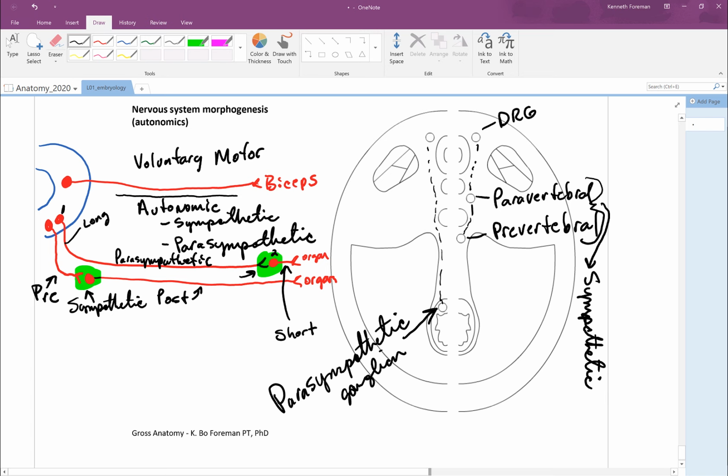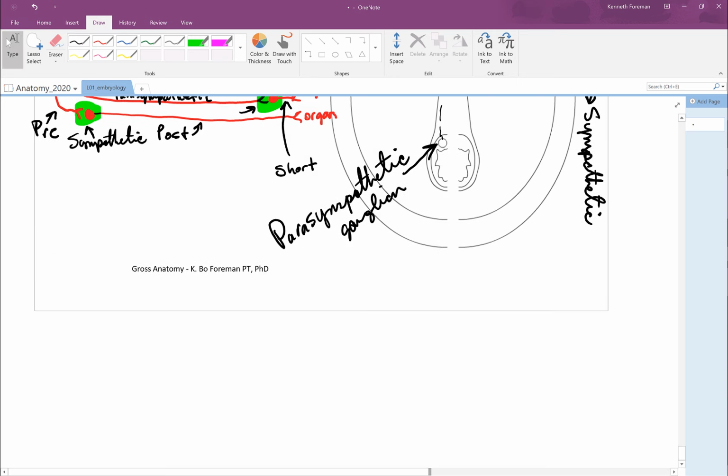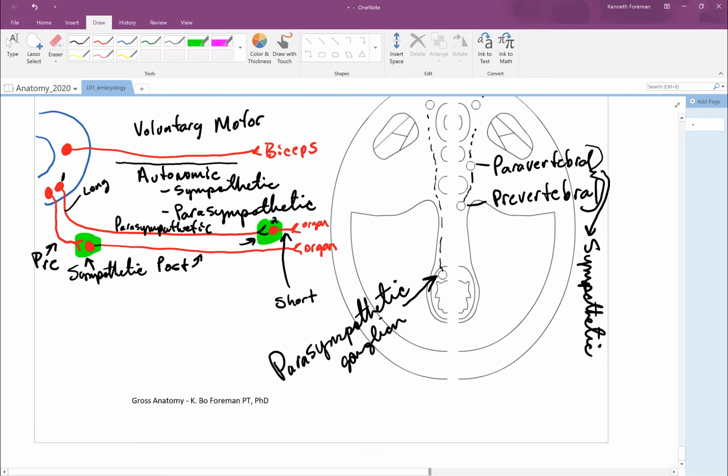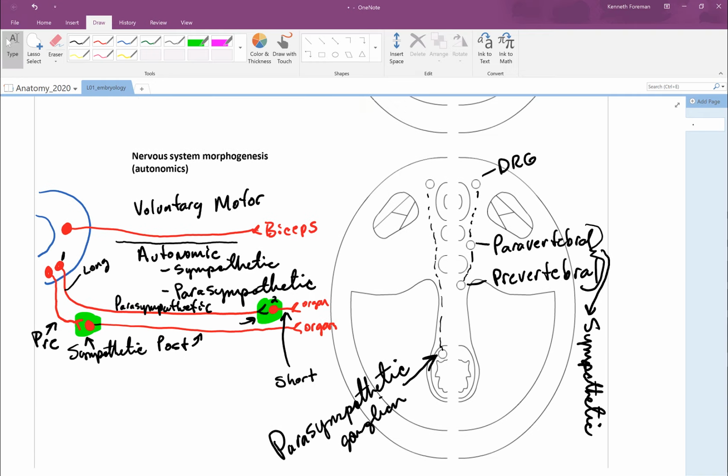So neural crest become a few different ganglion. They become the dorsal root ganglion. They become the paravertebral ganglion for the sympathetic system. They become the prevertebral ganglion for the sympathetic system. And they become the parasympathetic ganglion that is close to the organ for the parasympathetic system. So basically, that is why we have all these ganglion throughout the body. These ganglion are not derived from neural tube, rather they're derived from neural crest, and they can migrate to different parts of the body.